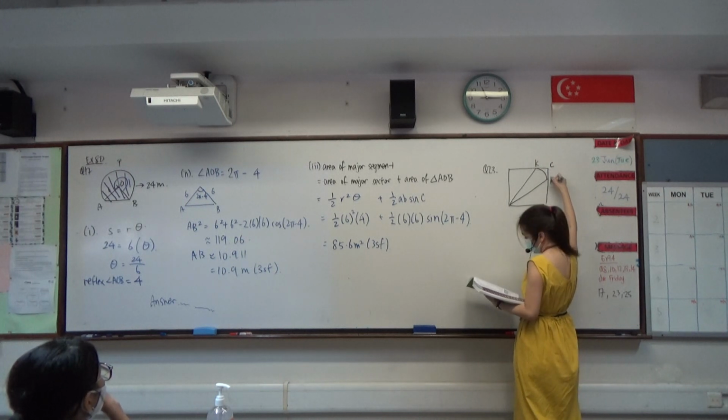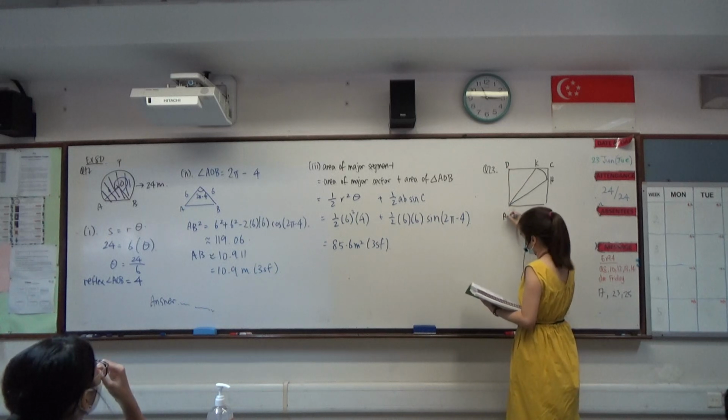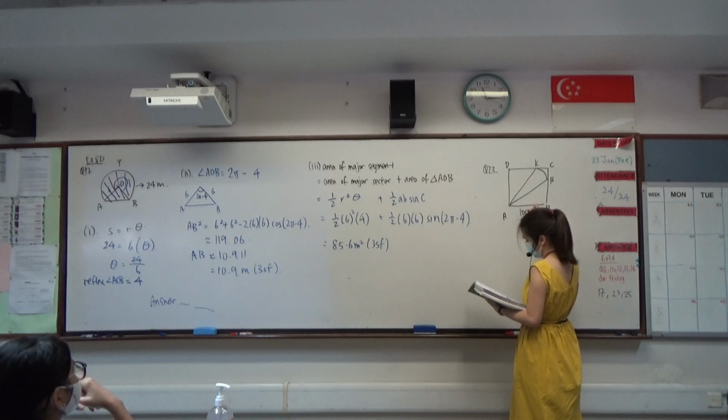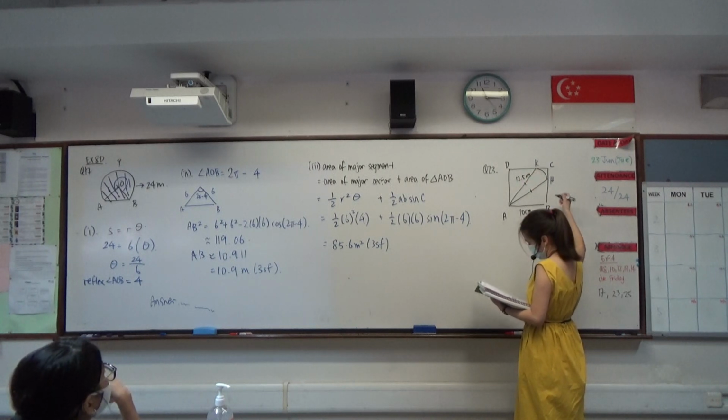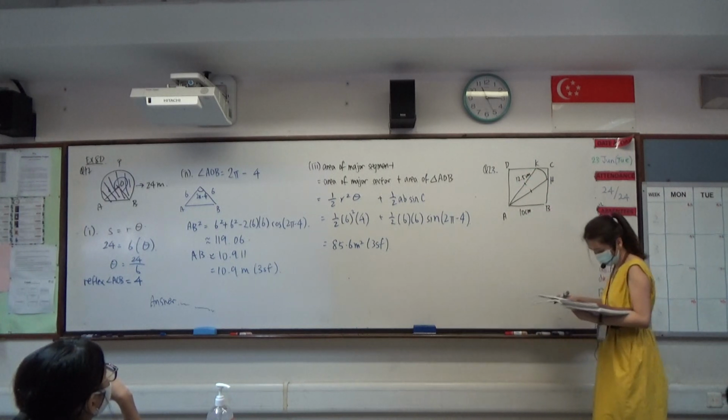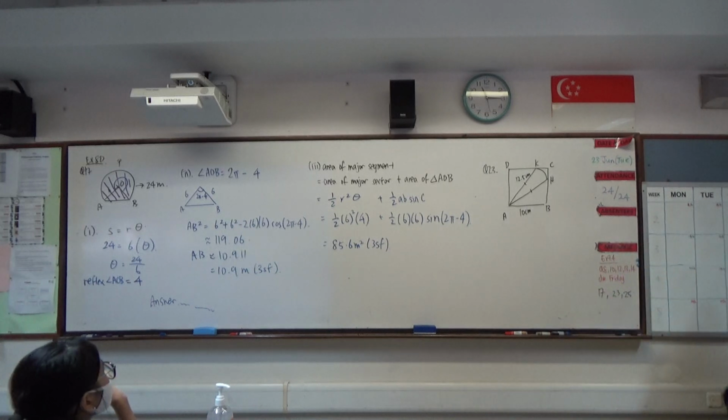K, C, H, D, A, B, 10 cm, 12.5. First question, we want to find, HK is in our circle center A, where AK is 12.5, find angle HAK.